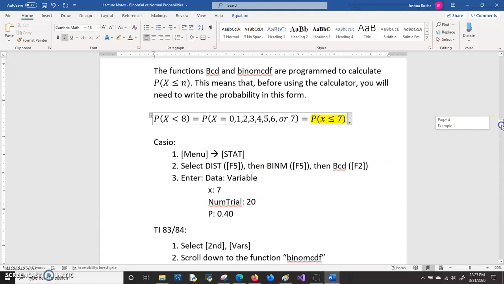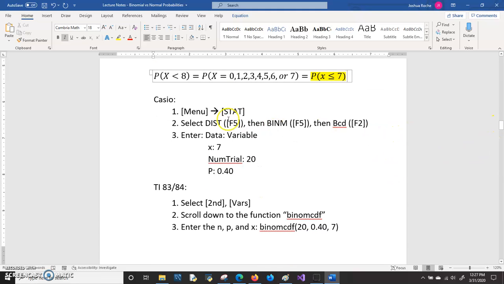If you're using a Casio graphing calculator, you would follow these steps to get to the function BCD. When you get to BCD, you'll want to enter 7 for your x, 20 for the n, the number of trials, and for the p, you'll enter 0.40 for the 40%.